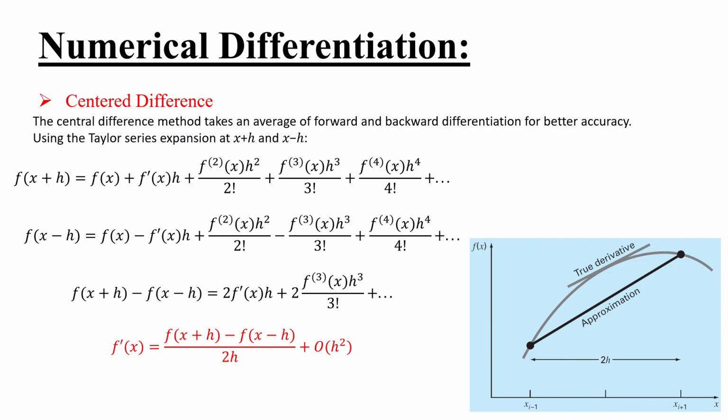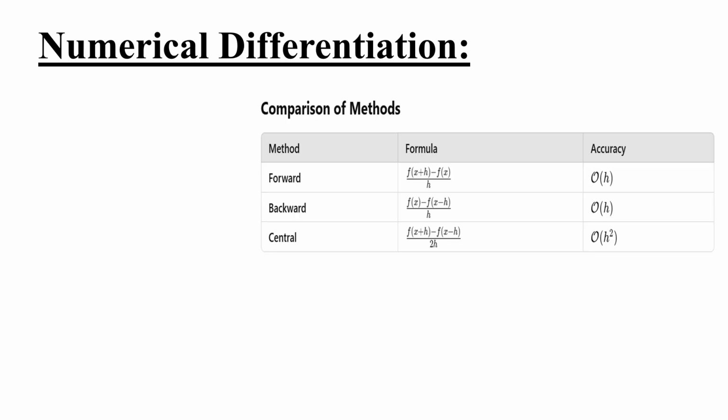It's very easy. If you take the difference between the forward difference approximation and the backward difference approximation, then you come up with this result. Now here we have h squared as the error term. This means that the central difference is much better than the backward and forward difference formulations.